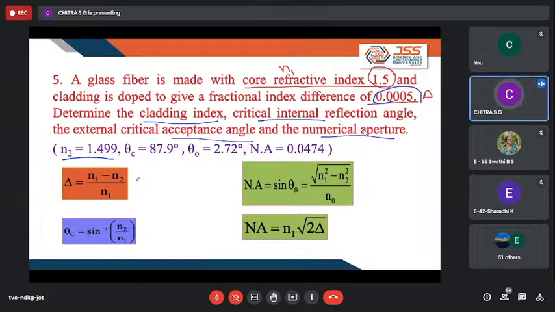Delta is equal to n1 minus n2 by n1. Next you can write delta into n1 will be equal to n1 minus n2. Once again rearrange this and substitute the values of delta and n1. So what will be your n2?